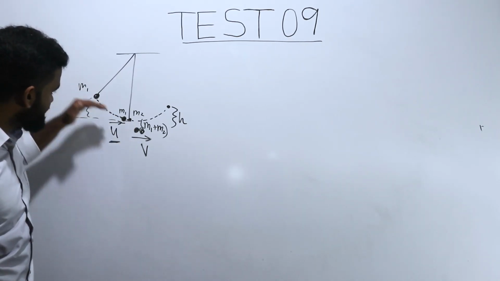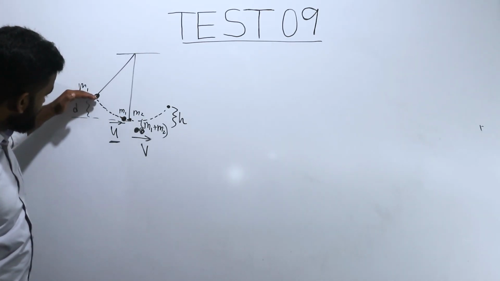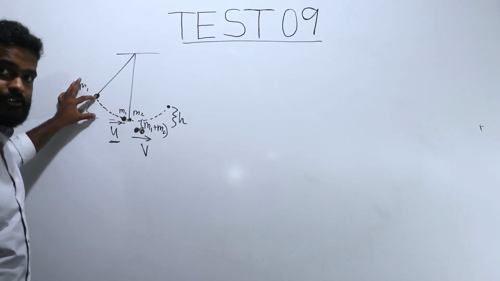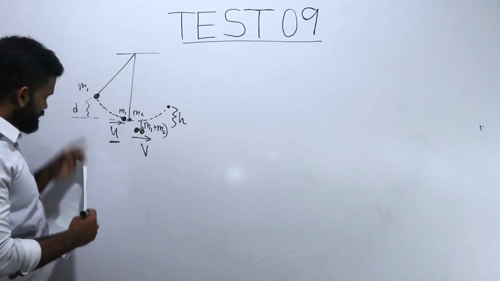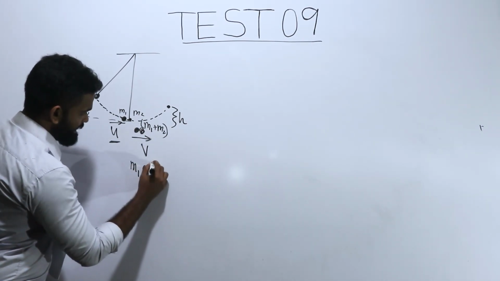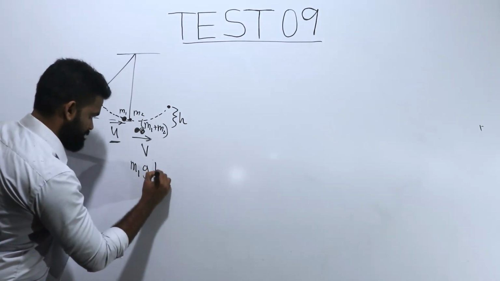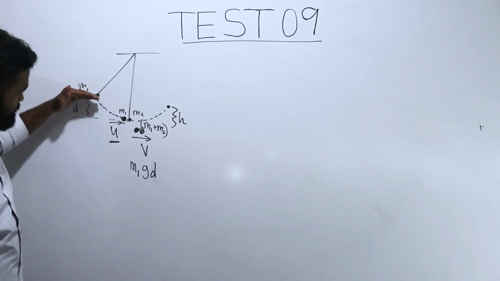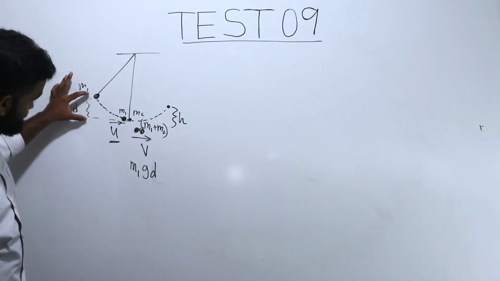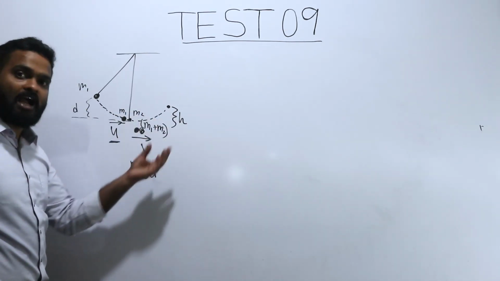So energy here is equal to energy here. When m1 moves from here to here, it decreases its potential energy. That decreased amount should be m1gd. That is how much it lowers, right? So that potential energy has to convert into kinetic energy.